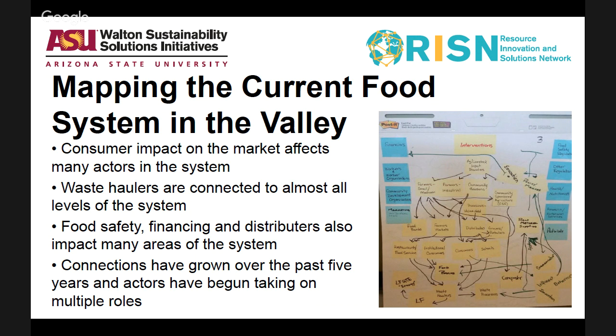And also, in the valley in particular, as there's been a movement towards sustainability, more connections between different actors have taken place in the last several years. And there are also actors that traditionally worked in one silo that are now playing multiple roles within the network.